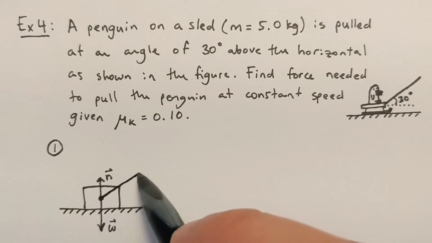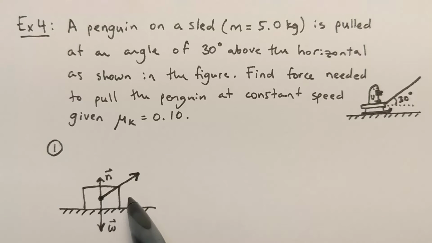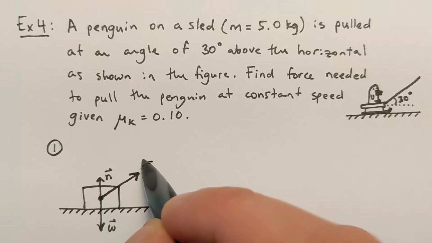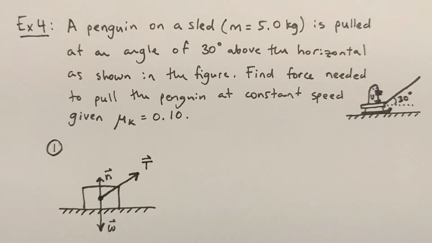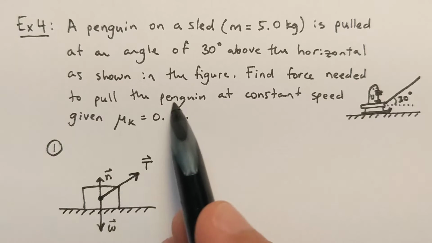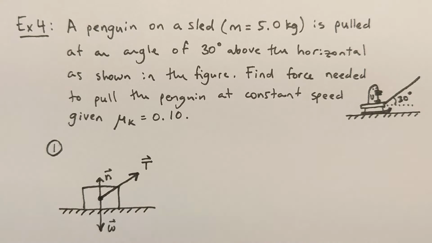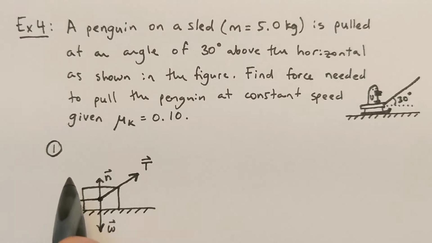We've got a force of tension pulling at an angle of 30 degrees above the horizontal. And they gave us a coefficient of friction. So there's a frictional force that's acting opposite the motion of the penguin. So that would be backwards and parallel to the surface. So something like this.